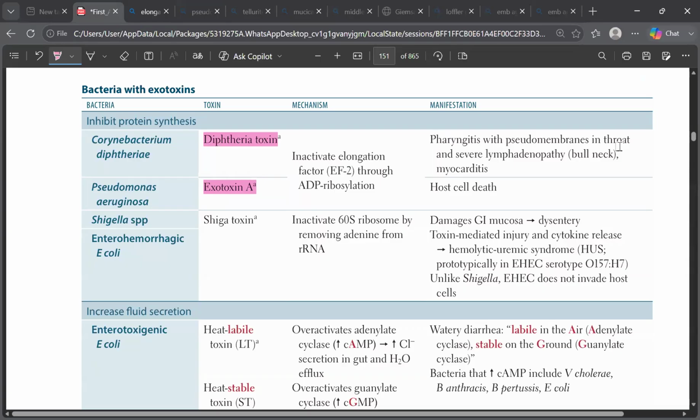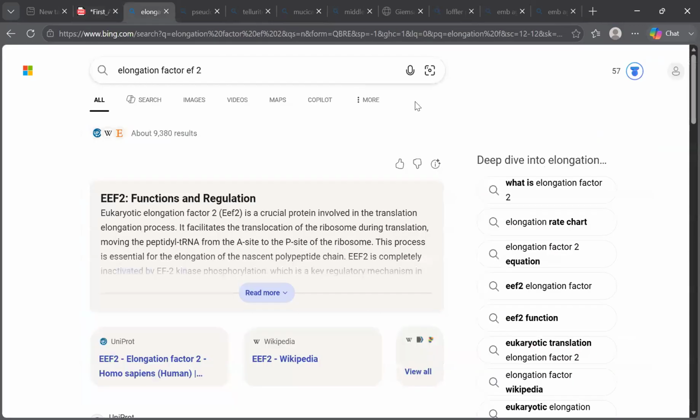And pharyngitis with pseudomembranes in the throat and severe lymphadenopathy and myocarditis. So when they inhibit this elongation, Corynebacterium diphtheriae can cause pharyngitis with pseudomembranes in the throat and severe lymphadenopathy called a bullneck. I want to see a bullneck.